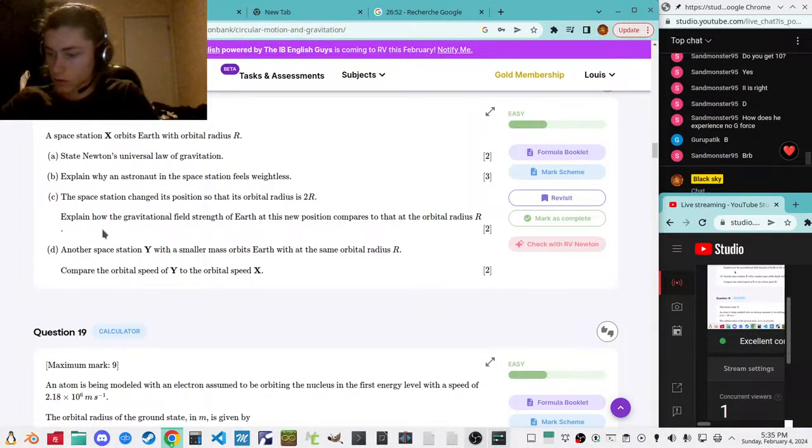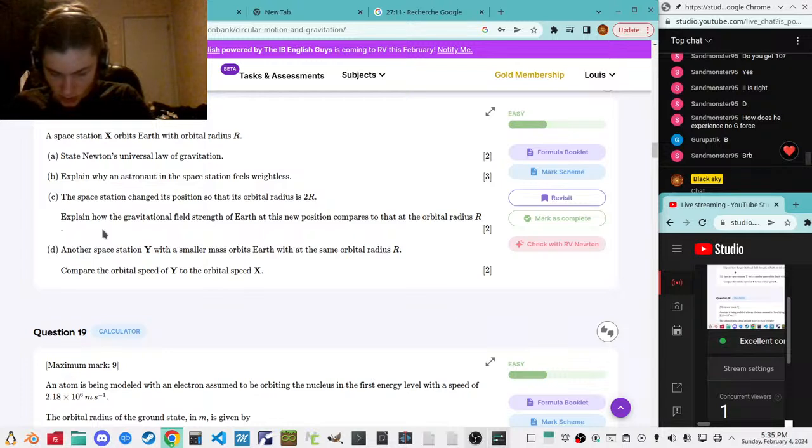Let me draw it. I don't know why I can't understand what I'm reading. Y and X. Oh, okay, I understand. Compare the orbital speed of Y to the orbital speed of X.